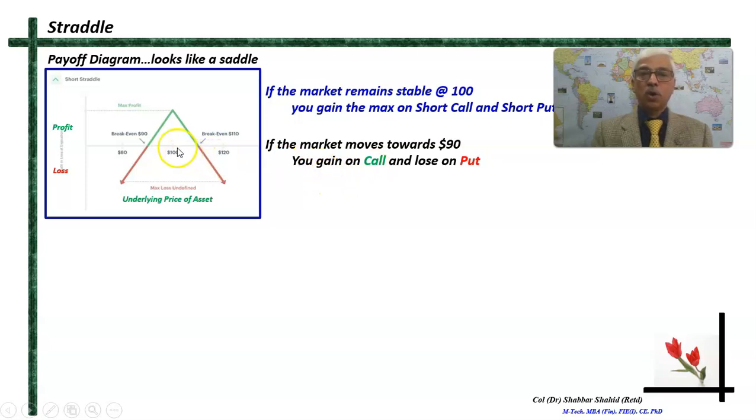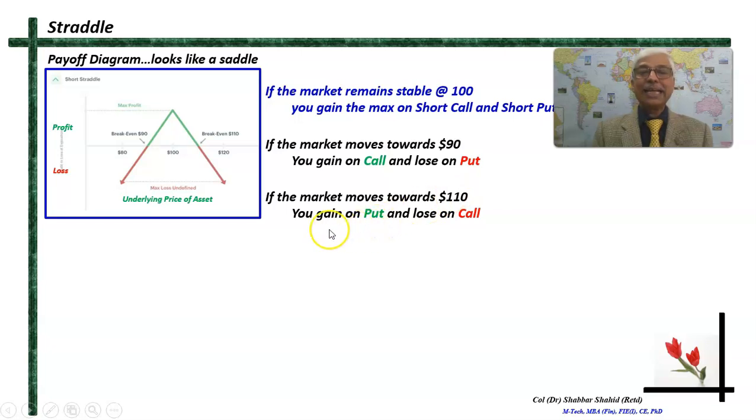Because you have gone short, you will gain on the call, but you will lose on the put. If the price is going down and you have sold the put, you will lose on the put. And similarly, if the market is moving towards the right, towards 110, then you will gain on the put. But because you have sold the call, you will start losing on the call. I hope your concepts are clear. You have understood the previous lessons.